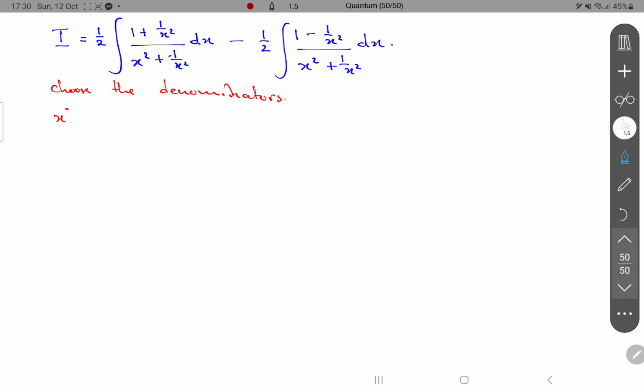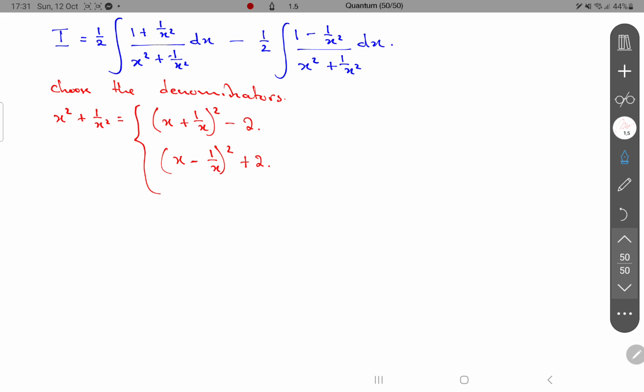Remember that x squared plus 1 over x squared can be written as, the first one we have was x plus 1 over x, all squared, and it's a minus 2. Is it a minus 2 or a plus 2? Minus 2. And the other one was x minus 1 over x, all squared, plus 2.